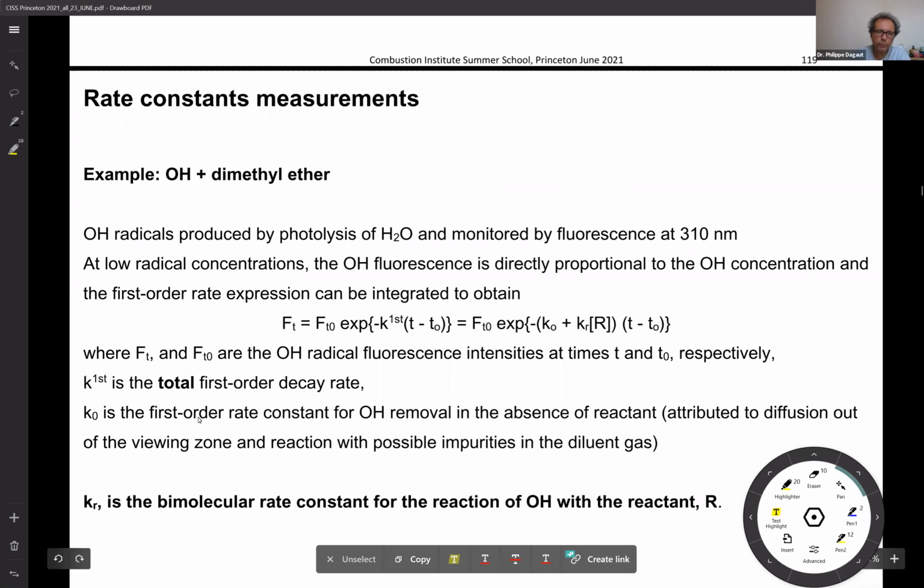K0 is the first order rate constant for OH removal by other processes than the reaction of OH with the reactant, here dimethyl ether. So it can be a reaction with some impurities or diffusion out of the viewing zone. And Kr here is the bimolecular rate constant that you want to measure for the reaction of OH with the reactant.